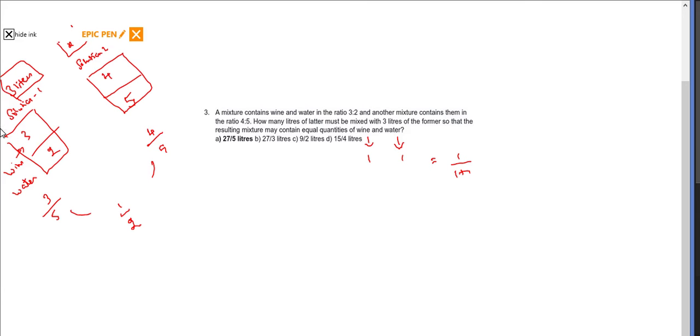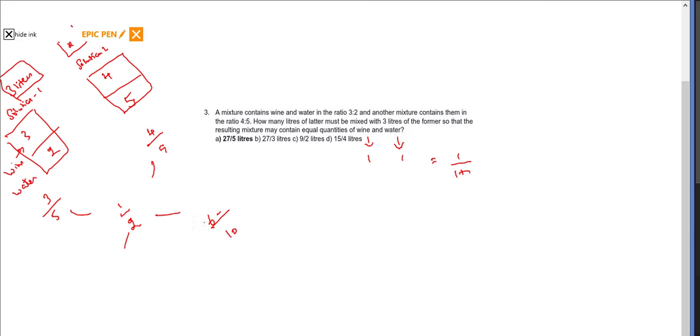When I add them in this particular proportion, I'm going to get a new mixture which is going to contain 1 part wine and 1 part water. So I have to find out this x. So that is the question. This is again very simple.